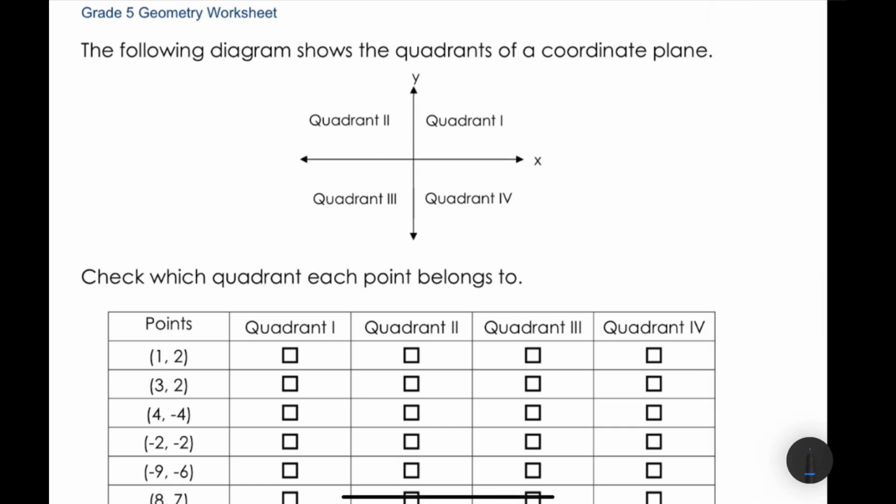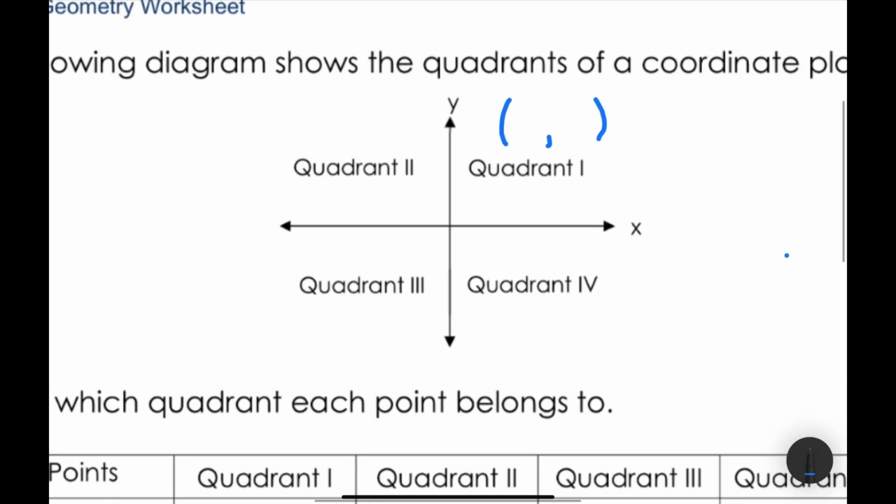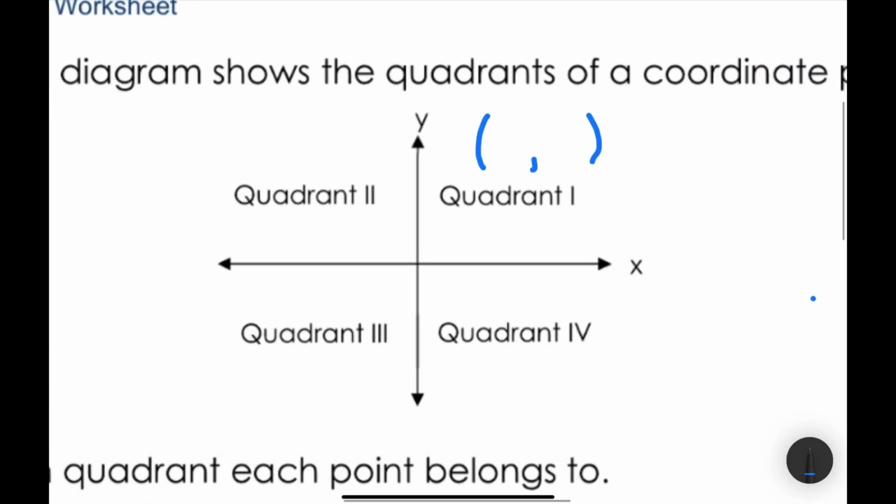So we're going to mark this graph right here, this coordinate plane, as kind of a cheat sheet. So what I'm going to do is put parentheses and a comma. That's where our points would be, right? Now in quadrant 1, the x values will always be positive and the y values will always be positive.